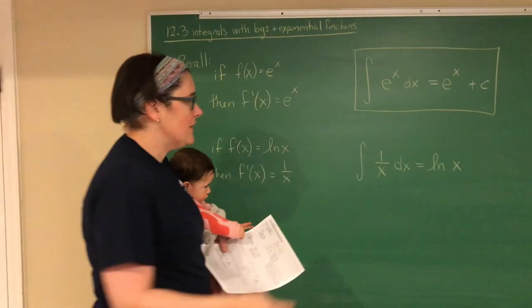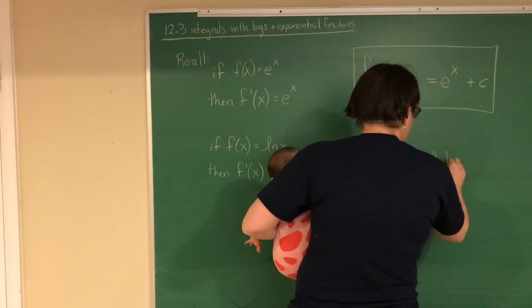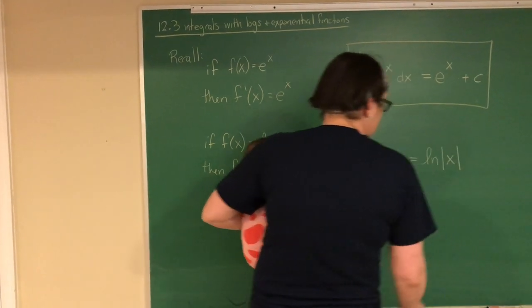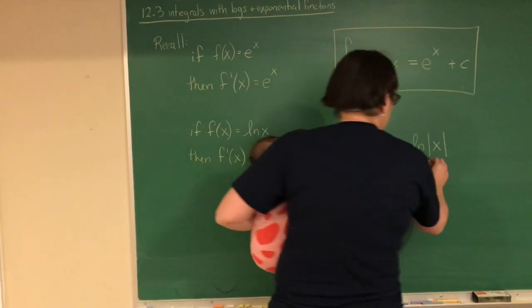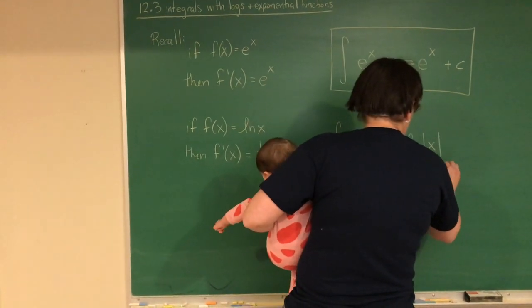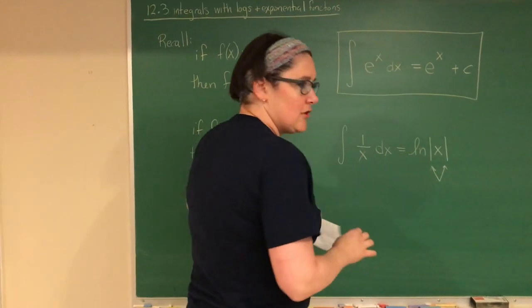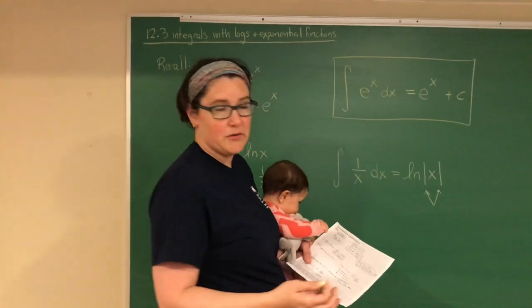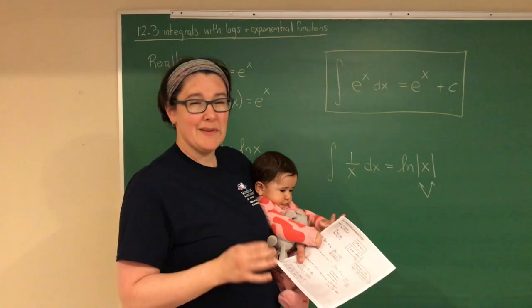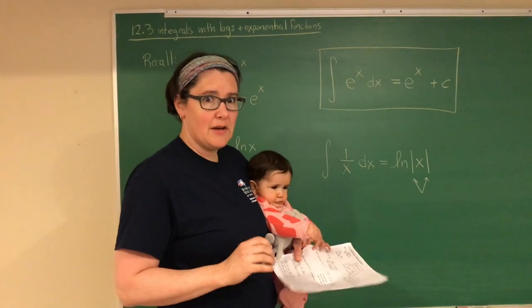Now, there is a technicality here because for the natural log function, you're not allowed to plug in 0 and you're not allowed to plug in negative numbers. So we add these absolute value bars on here as a technicality, just to make sure that if you type a negative number for x into your calculator, you don't want your calculator to explode.